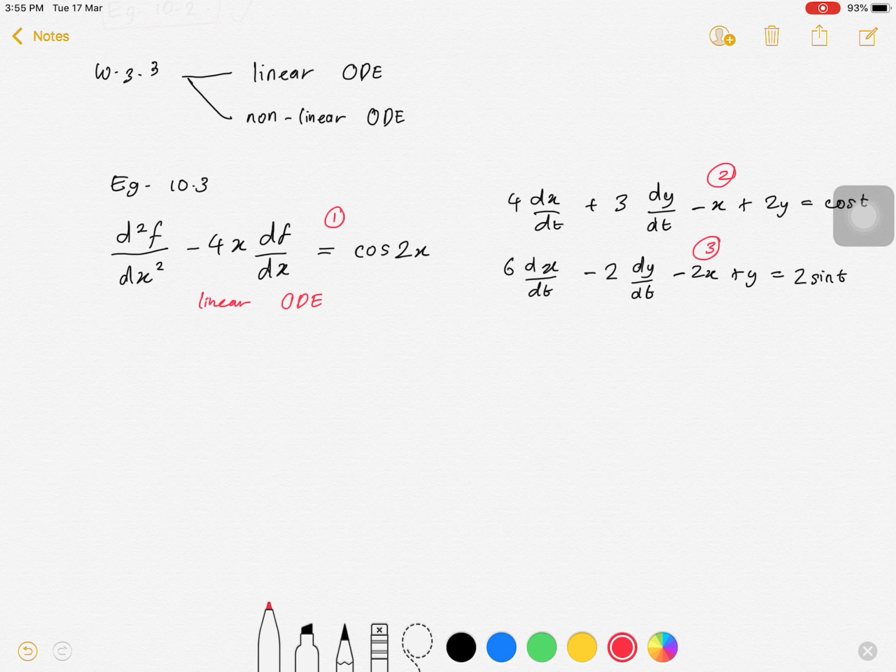Now I will write down the non-linear ODE, and after that we can compare the difference between the two.